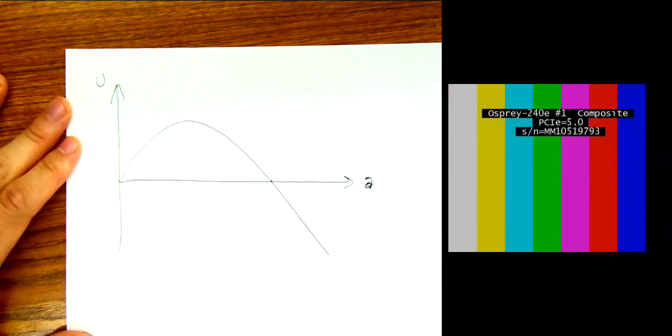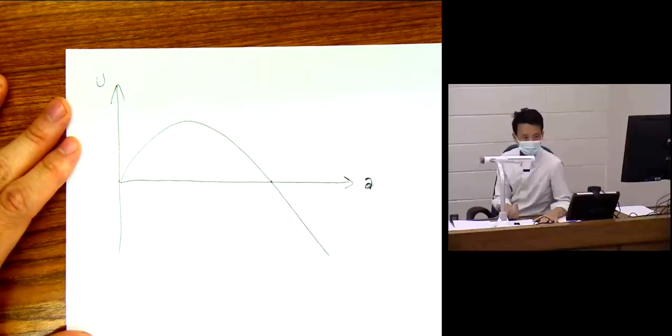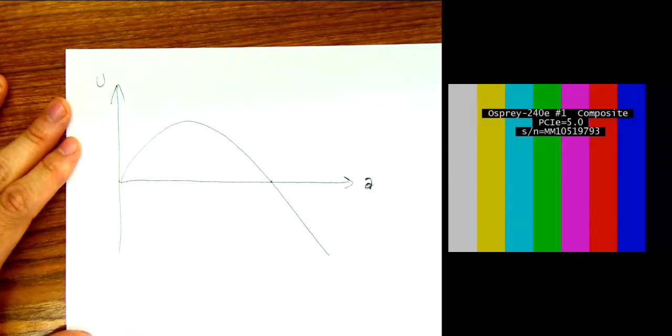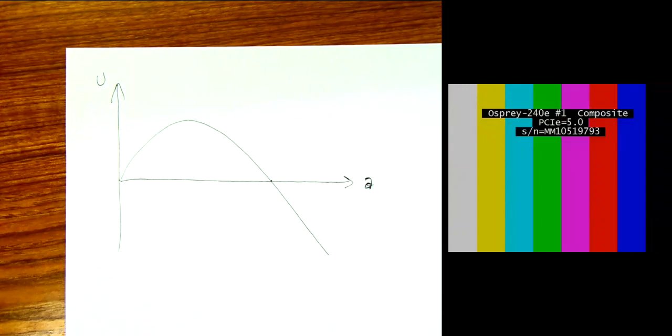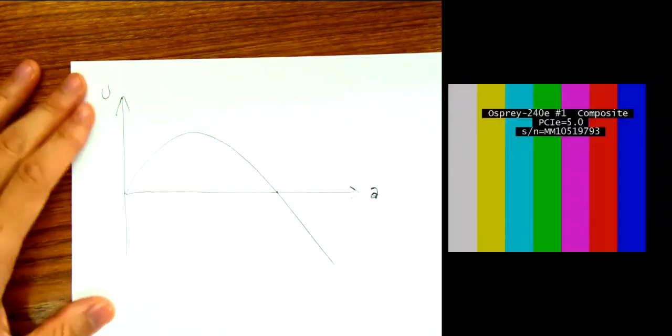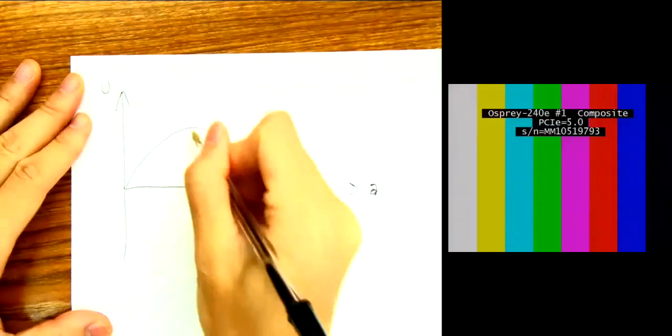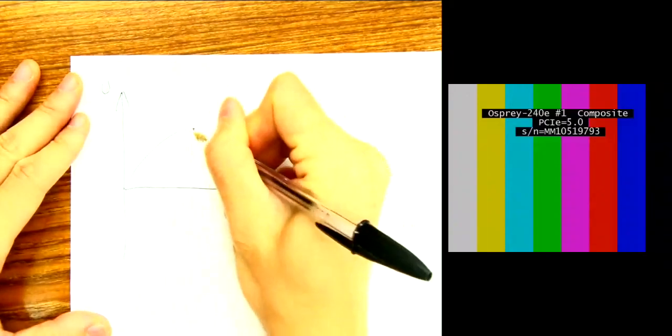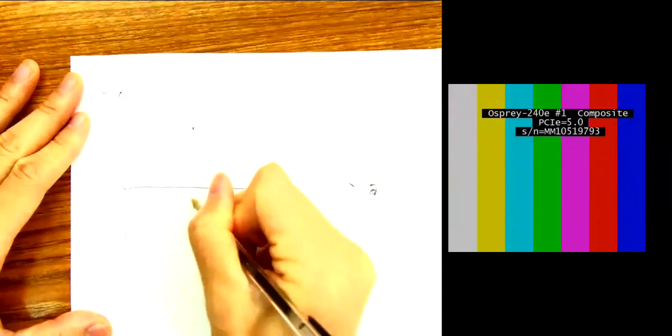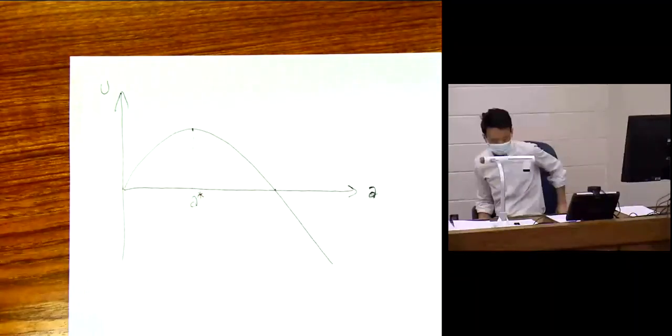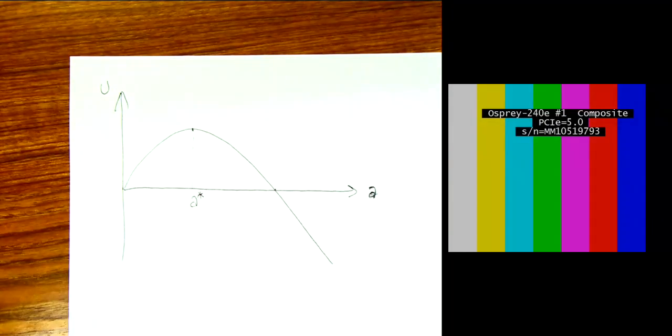That corresponds to zero potential energy difference. Okay, and the most striking feature is this, right? At the peak of that, there's a peak in the free energy.